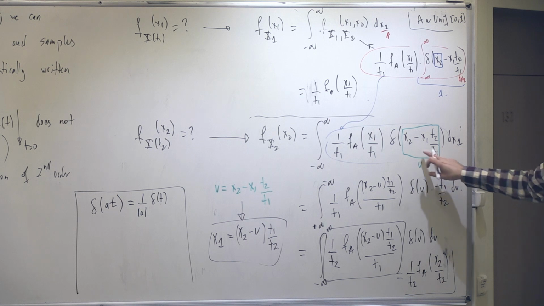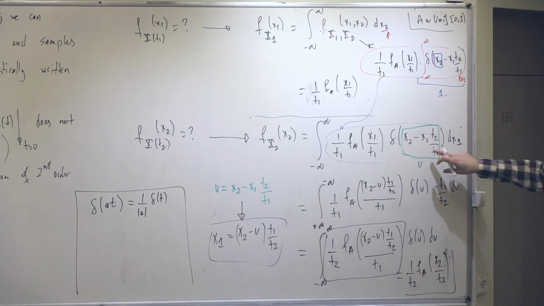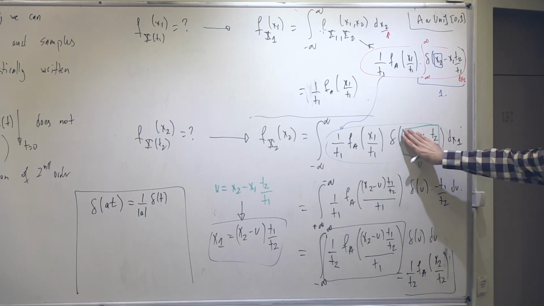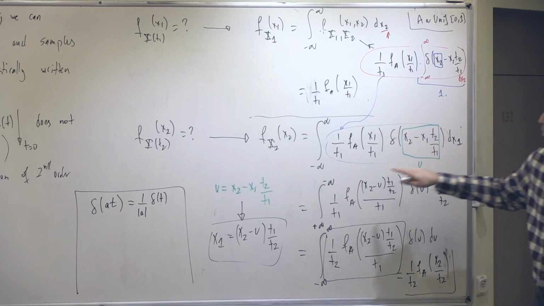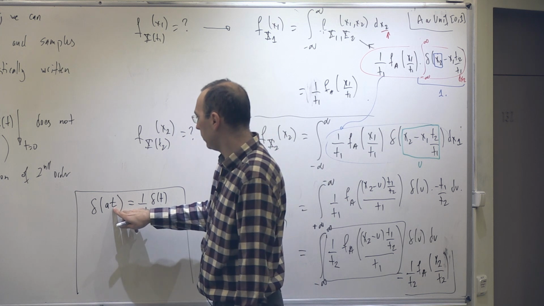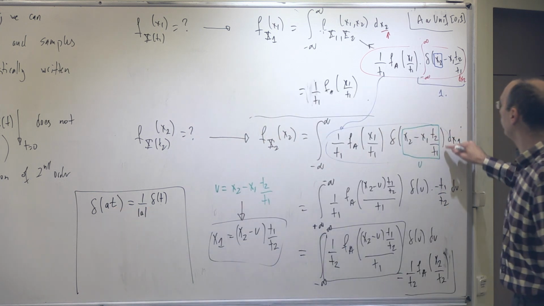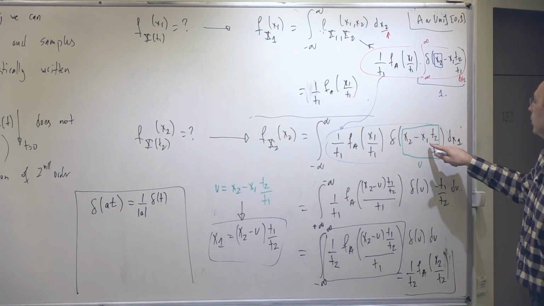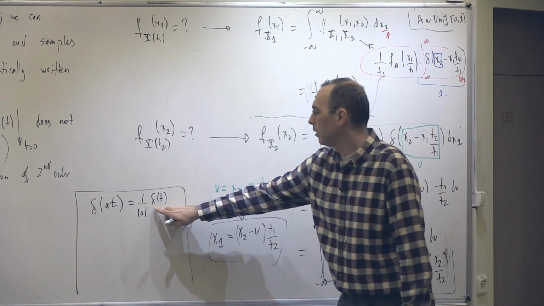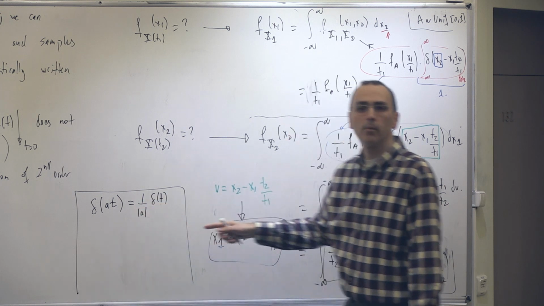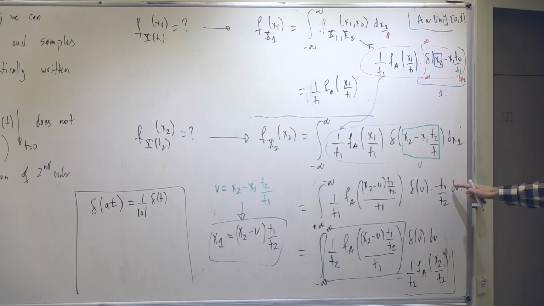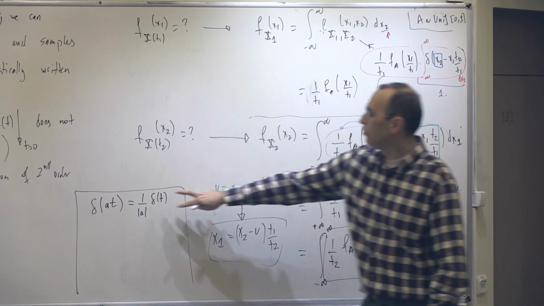Do a change of variable. For example, forget about this. The integration variable is x1, so x1 corresponds to this t. A is t2 over t1. So this is equal to delta of the variable scaled by 1 over a. Things like that. So that multiplication t1 over t2, as you see, is the reciprocal of this, 1 over a.